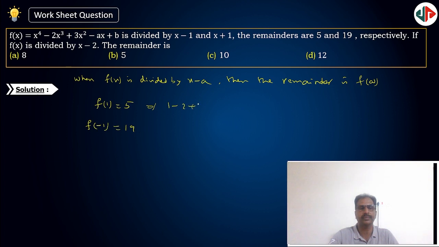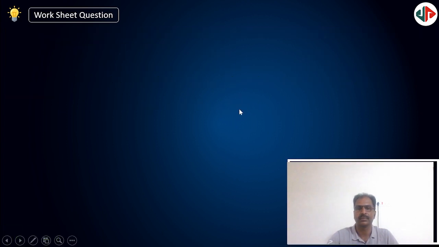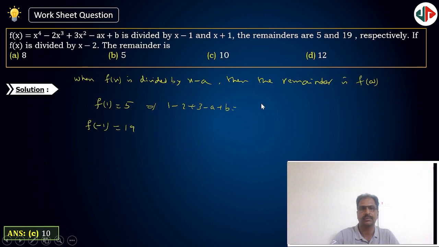So what is f of 1? 1 minus 2 plus 3 minus a plus b is equal to 5. From this, 3 minus 2 is 1, so minus a plus b is equal to 3.